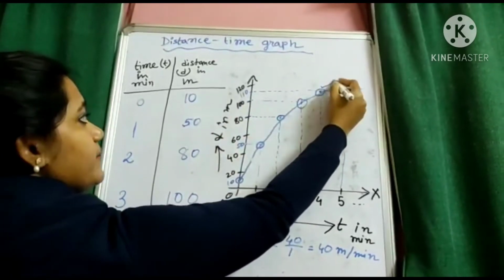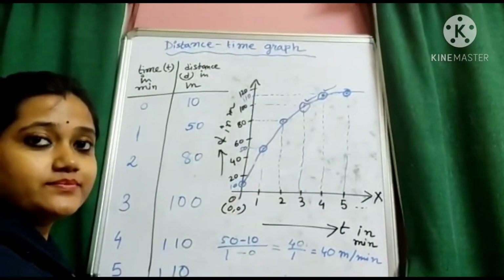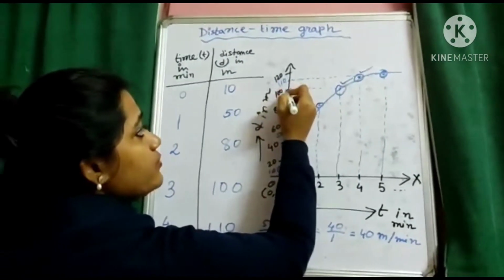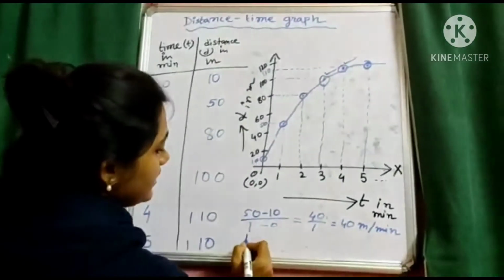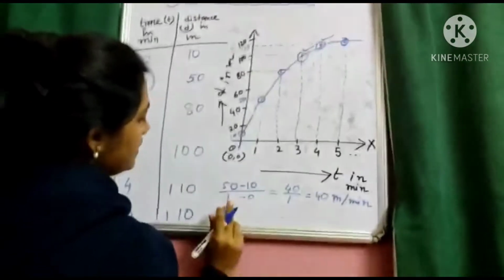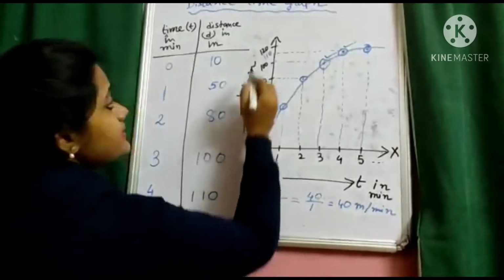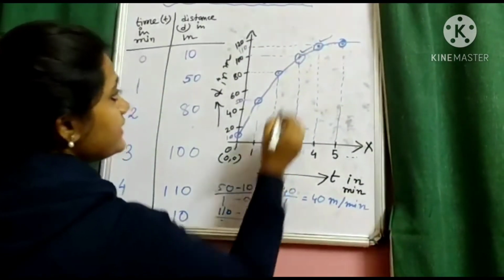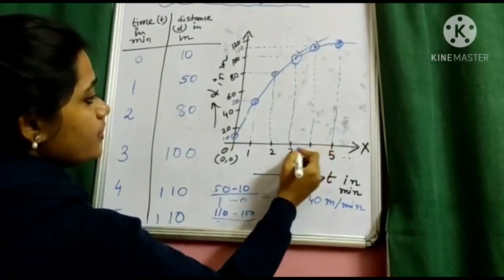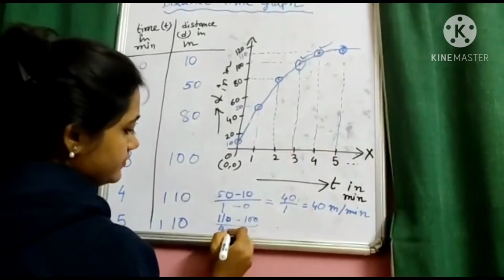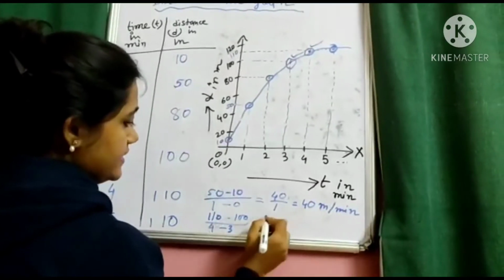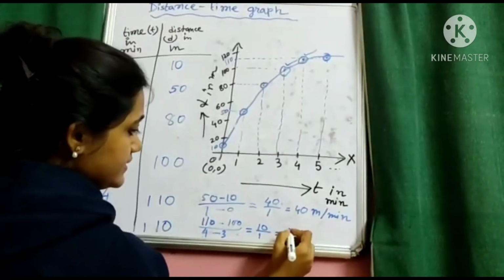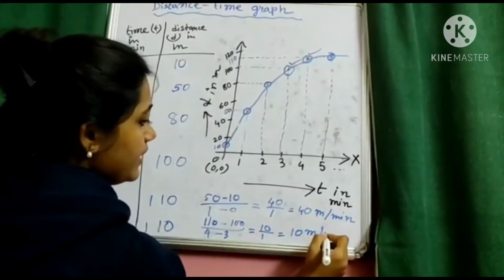So y2 minus y1 will be 110 minus 100, divided by 4 minus 3. That is 10 by 1, that is 10 meter per minute.